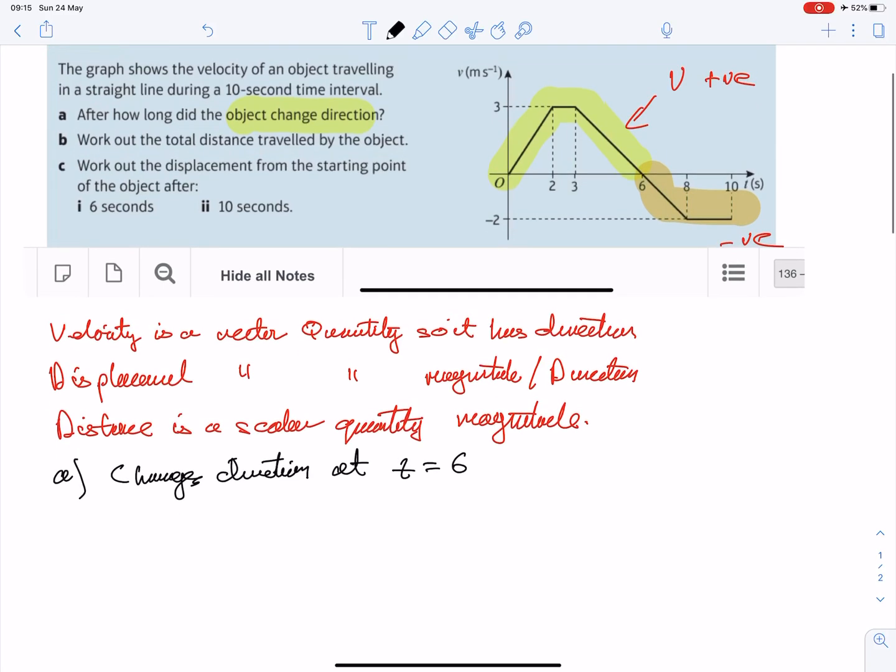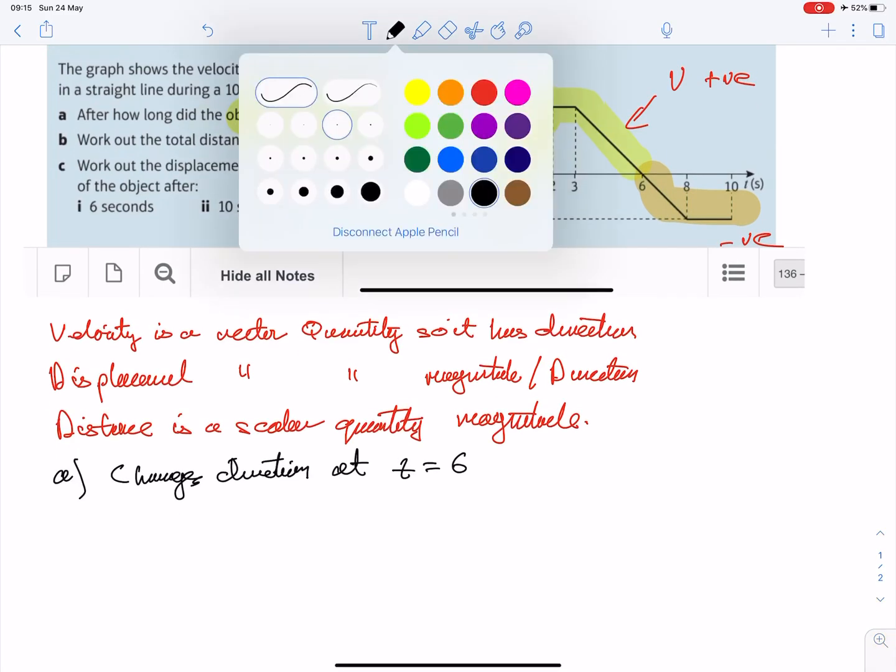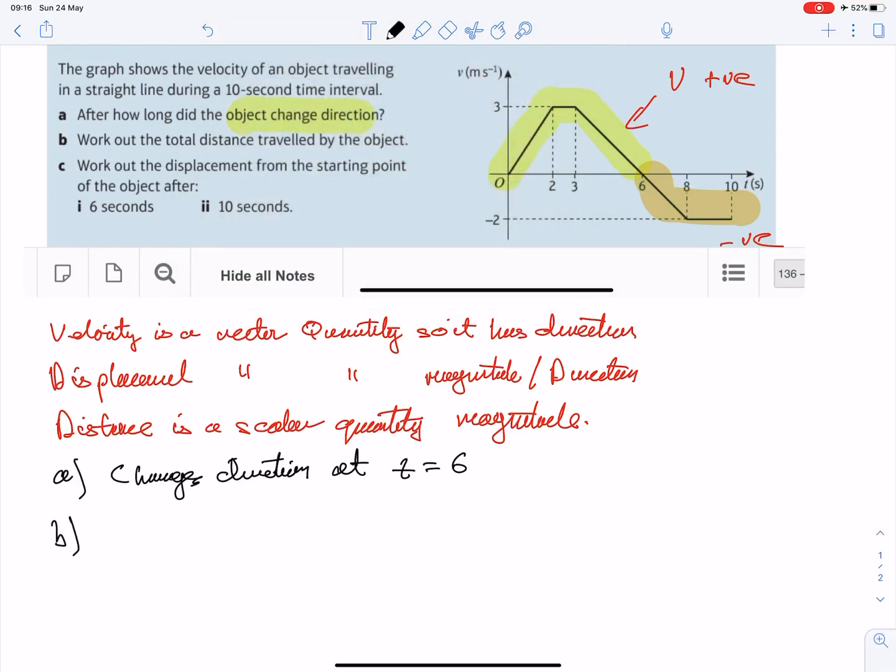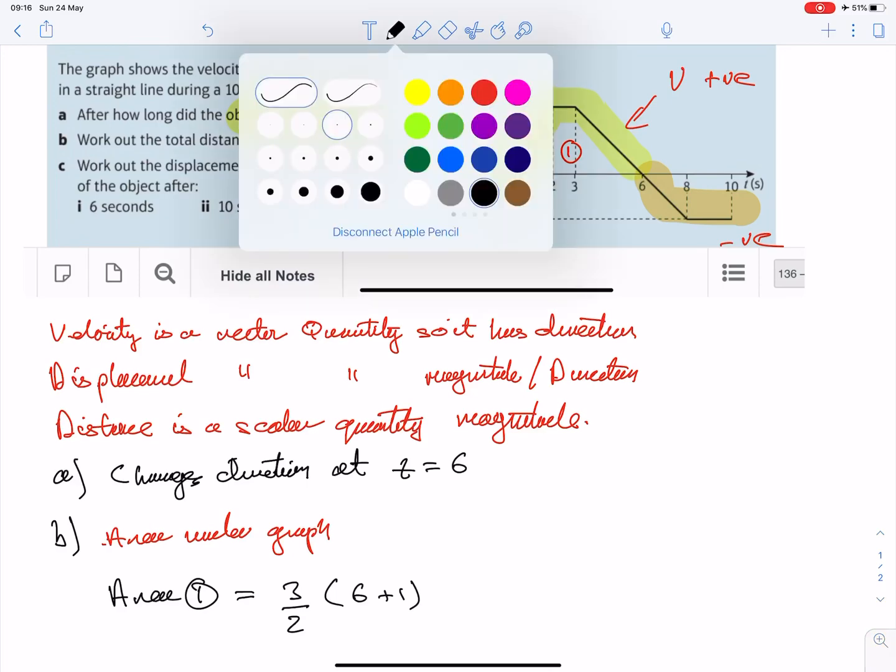Total distance travelled. So again, distance is magnitude, so that's just the area under the graph. So if we call that area 1, it's a trapezium, so it's the height, which is 3, over 2 times the sum of the parallel sides, which are 6 and 1, coming from here.